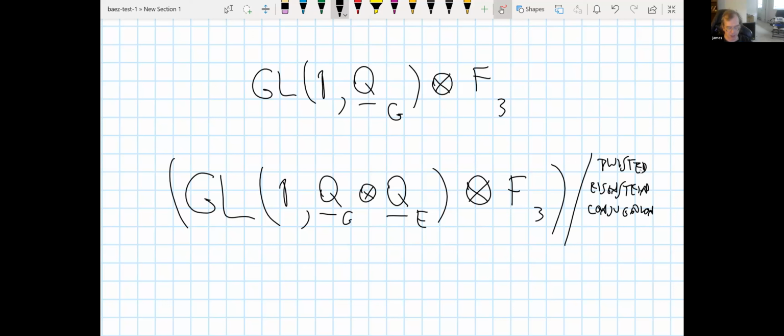There's a certain eigenspace that I'm taking here. Eisenstein conjugation is acting as a reflection operator on this infinite dimensional vector space over the 3-element field. And so it has two different eigenspaces, and we want the non-trivial one, the anti-fixed points.